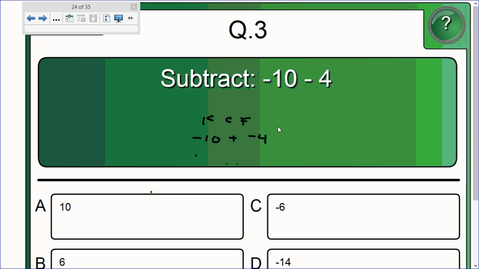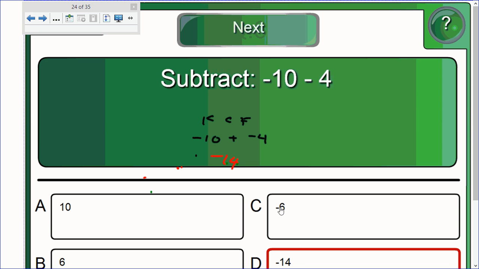So as before, as I drew all those negatives, I'm going to draw some more negatives. So I would draw 10 negative signs, and then I would draw 4 negative signs, or I would just say negative 14, since I'm drawing a whole lot of negative signs. So that would give me choice D as my answer.